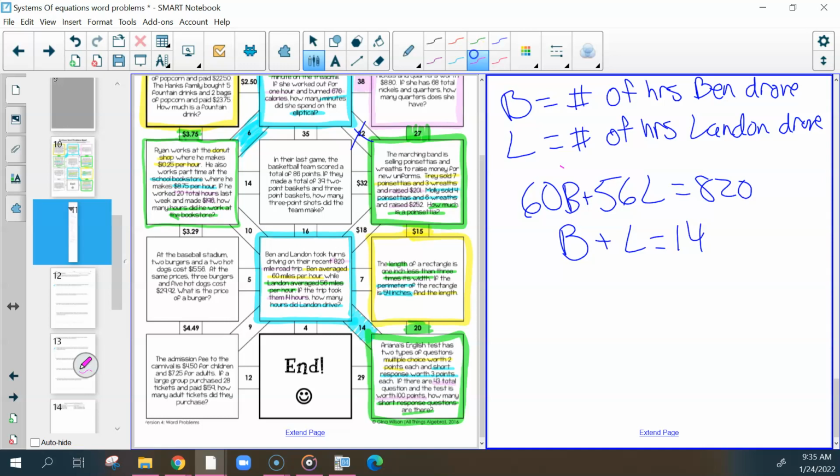Just be consistent. So if I make my B's X, all of them have to be X, and then make my L's Y. So I'm going to rewrite my equations with my X's and Y's, and then put this into Desmos and figure out our answer.